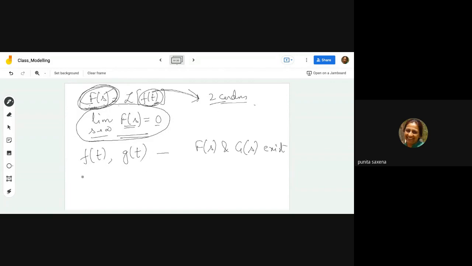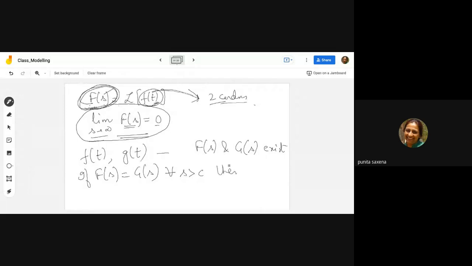Then the theorem says that if capital Fs is equal to capital Gs for all s greater than some number c, may not be for all values of s, but maybe for some s greater than c. Just like functions behave, maybe for a finite number of beginning terms they may differ, but later on they are all equal.